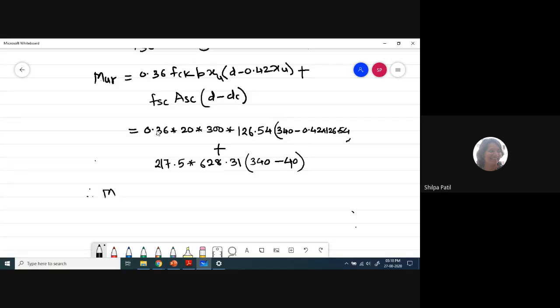So MUR is 119.4 into 10 raised to 6, correct. So it is 119.4 kilonewton meter. This is the MUR value.